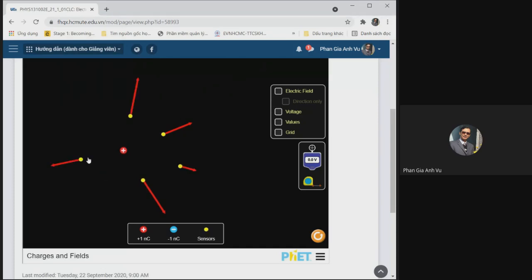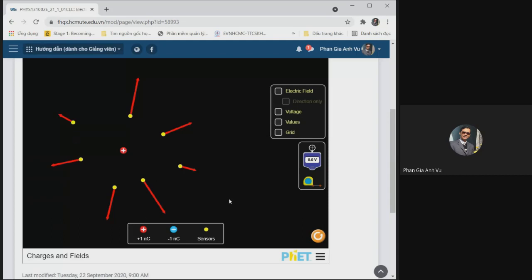What is the role of the red arrow here? Can you see the red vectors? It means the E vector, the electric field vector. The E vector here has this magnitude and this direction. This is a little bit stronger, this is a little bit weaker, and so on.